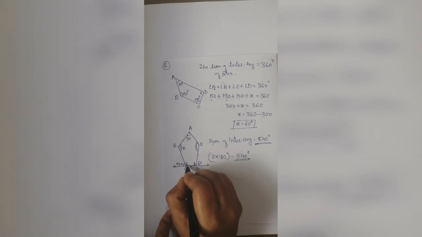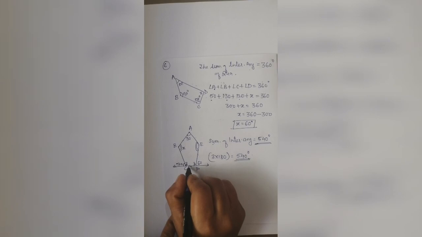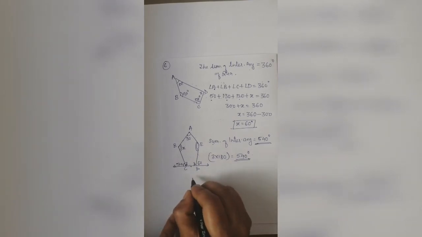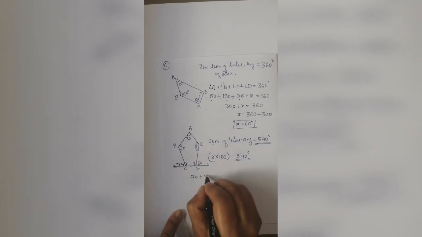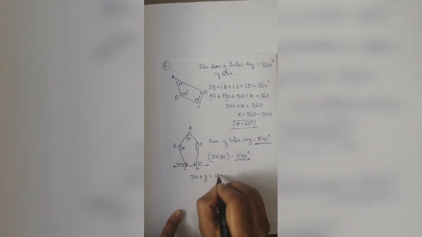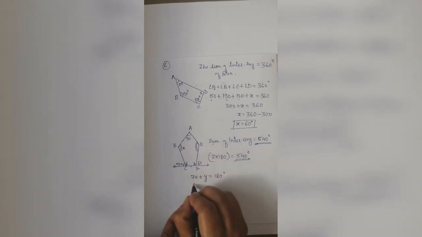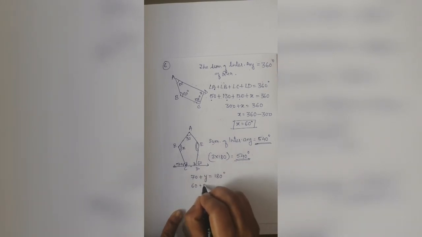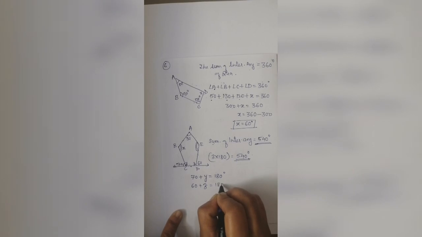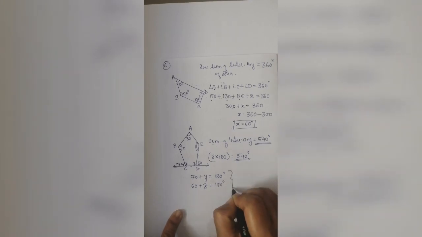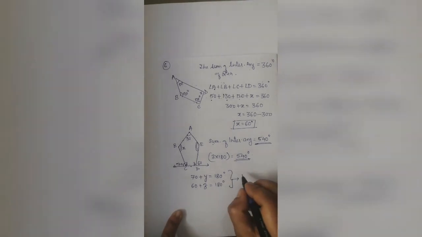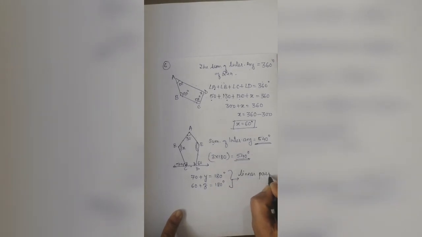Now to find out Y, you know that this angle and this angle are a linear pair of angles, and therefore we can say that 70 plus Y is equal to 180 degrees, and 60 plus Z is equal to 180 degrees. For these two, you have to write down linear pair of angles.